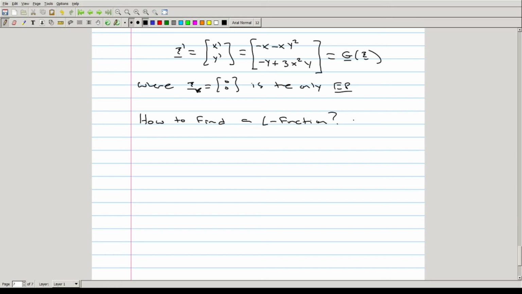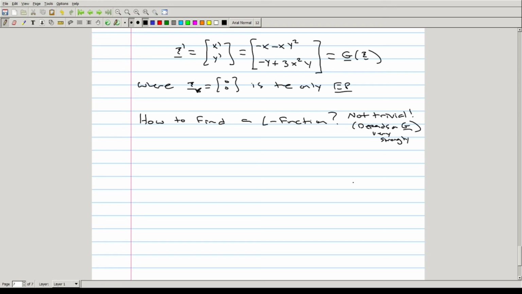And I want to emphasize here that it's not trivial and it's not always the same. It depends heavily on the g function. So different g's are going to give you very different Liapunov functions.